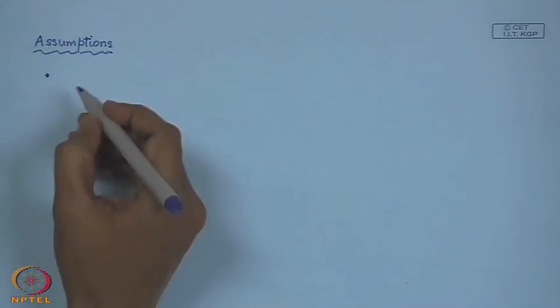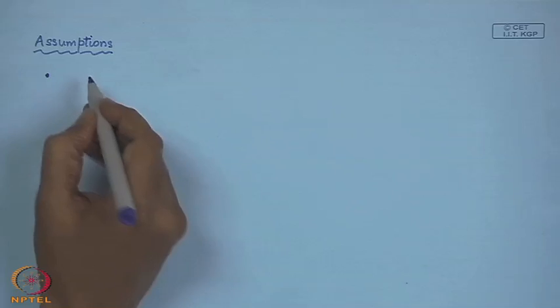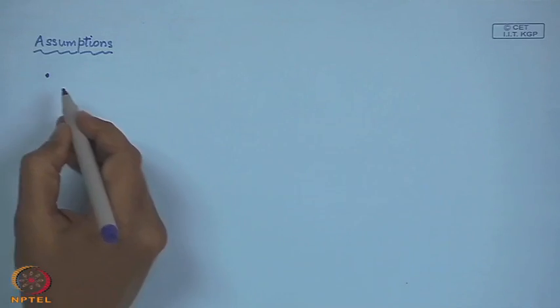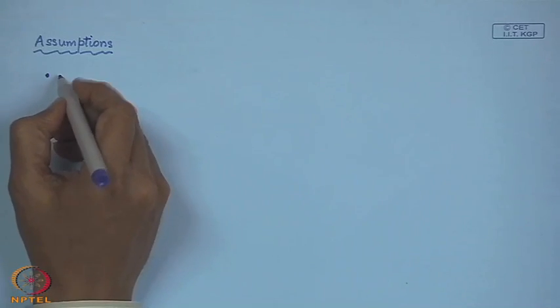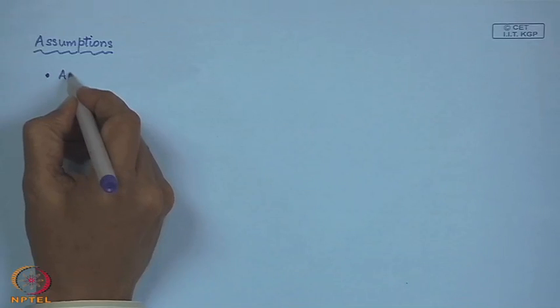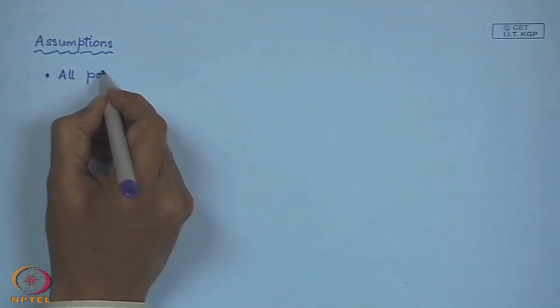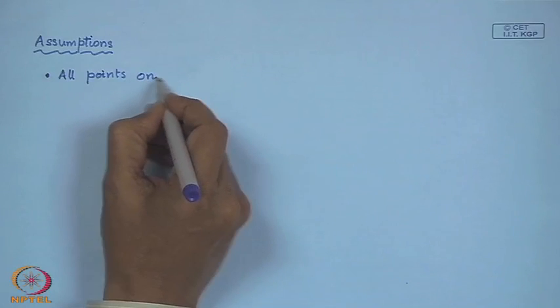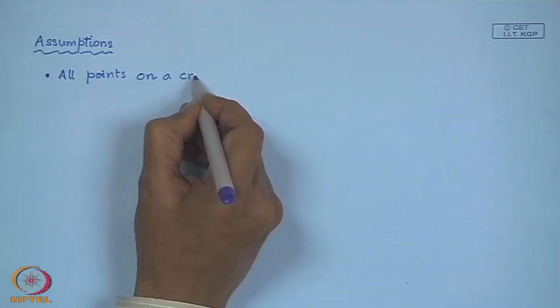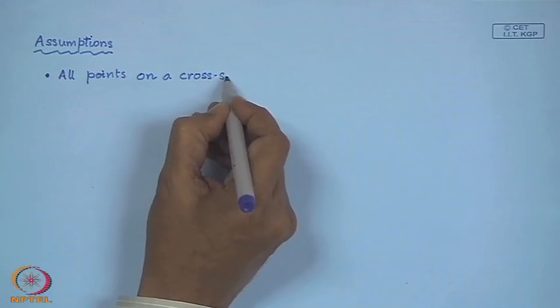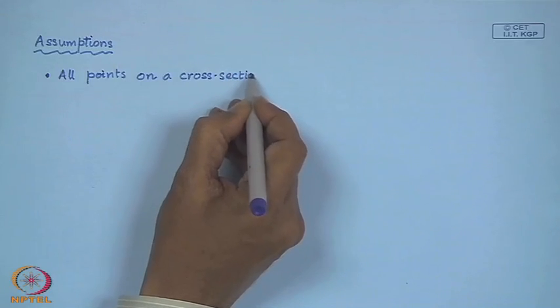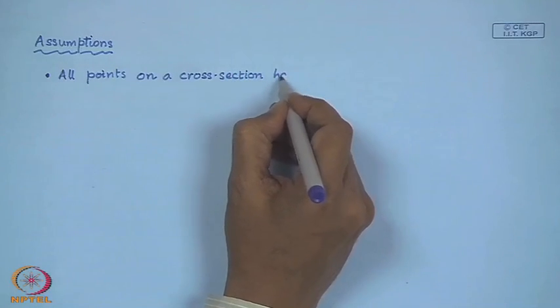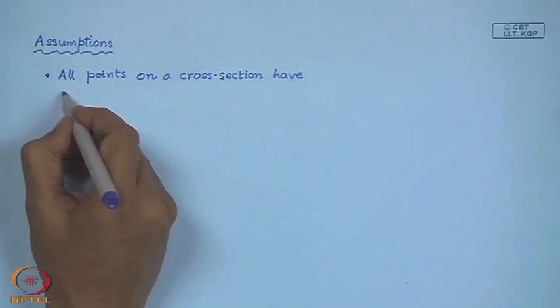So, the first assumption that we make is that all points on a cross section have the same motion.